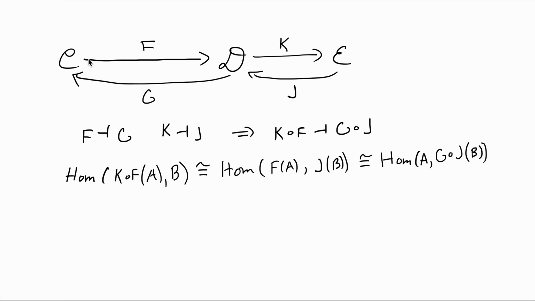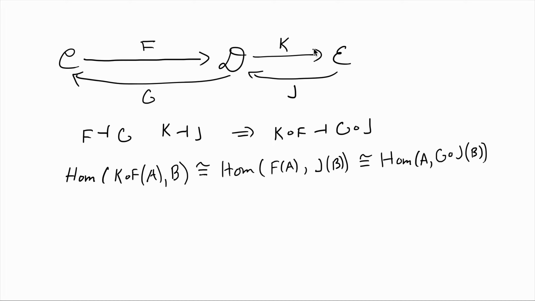This result simply is if we have an adjoint pair, right here F, G, an adjoint pair K, G, then like this, the composition of the functors going this way and this way out will also be an adjoint pair.